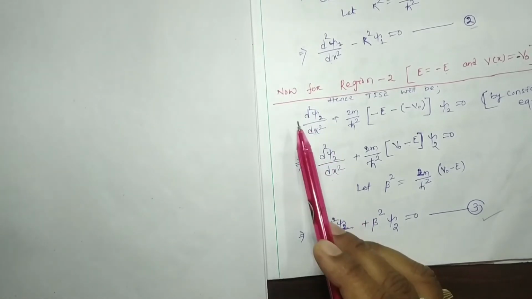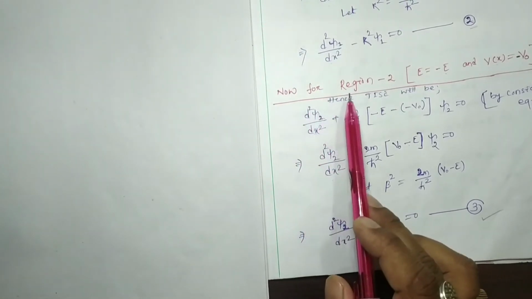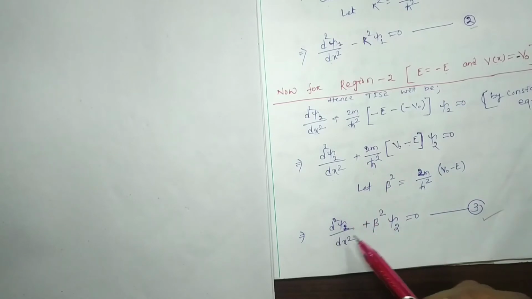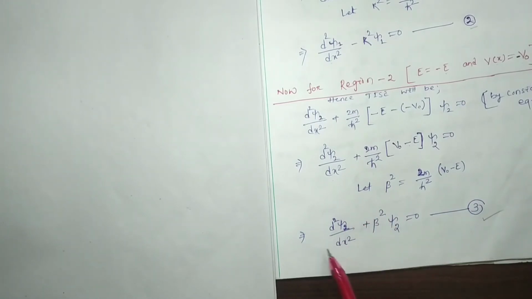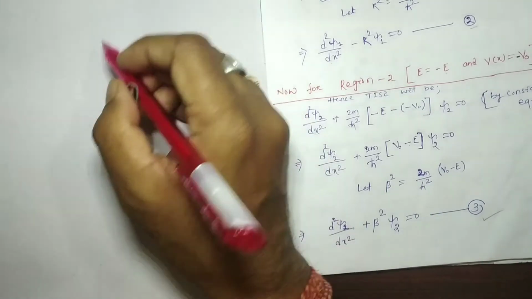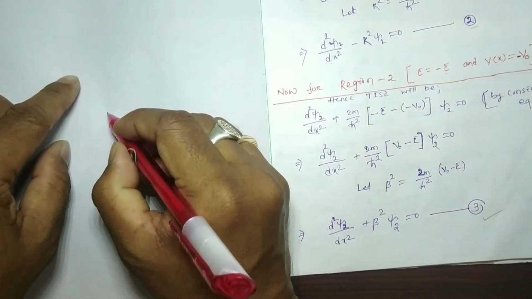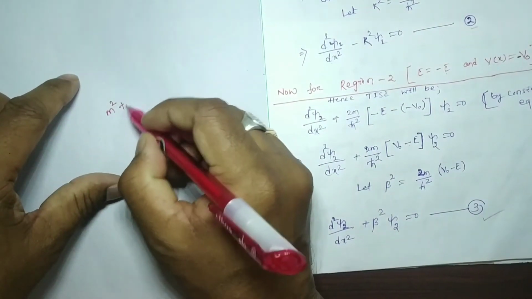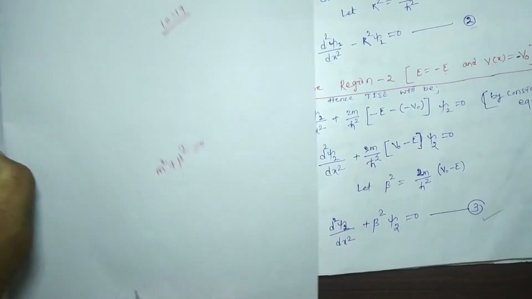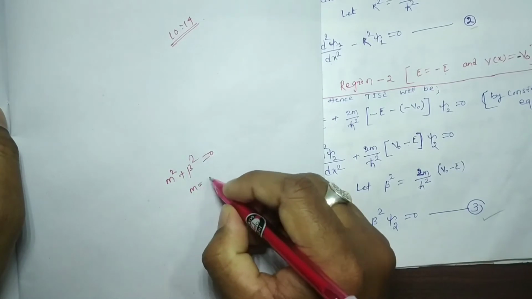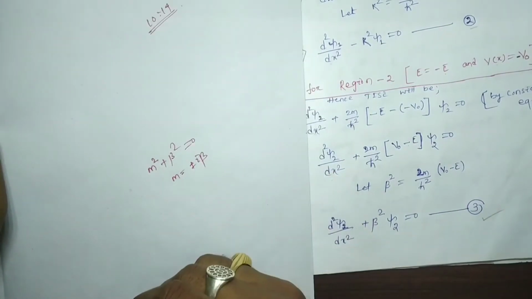Now we have to consider what the solution will be for region 2. In case of region 2 the equation is this one, so the auxiliary equation will be m square plus beta square is equal to 0. So m is equal to plus or minus i beta.